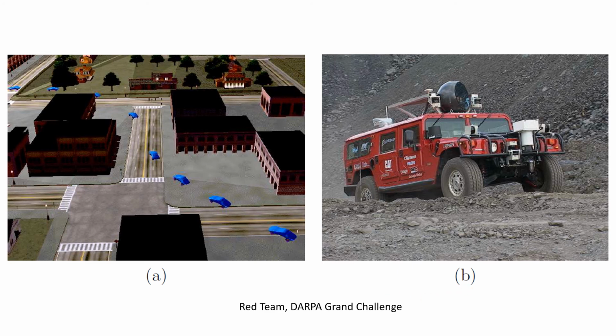In example B, you can see the red team participating in the DARPA Grand Challenge, and in that it was required to traverse at high speeds over rugged terrains and over long distances. So motion planning algorithms were necessarily required to be incorporated.